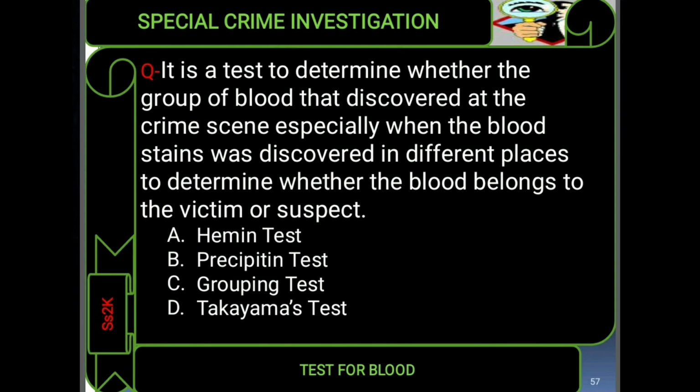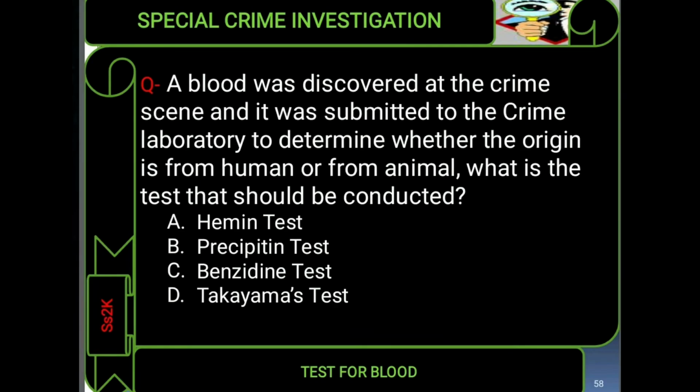Next question. A blood was discovered at the crime scene, and it was submitted to the crime laboratory to determine whether the origin is from human or from animal. What is the test that should be conducted? A. Hammond test, Bravo precipitin test, Charlie benzidine test, or Delta Takayama's test? And the answer for this question is precipitin test.